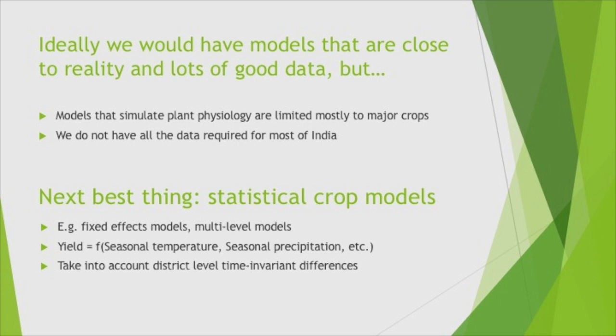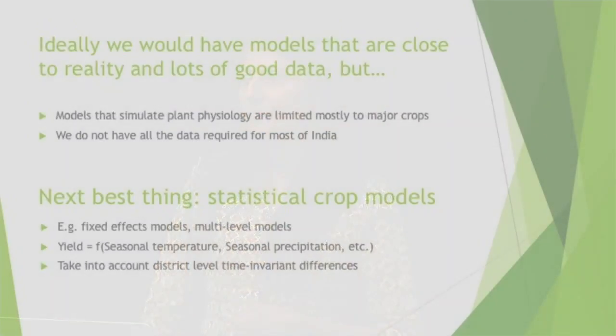And we do have models that do this sort of thing. But the problem is that we don't have them for all the crops that we might be interested in. And we don't have the data in most parts of India to really run these models with enough confidence in their results. So the next best thing are statistical crop models.